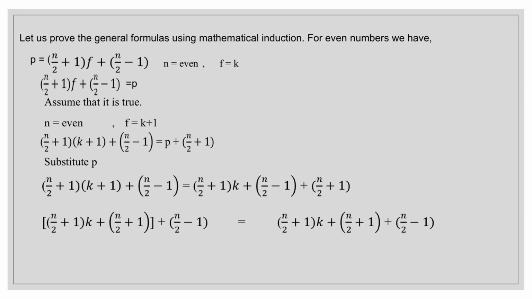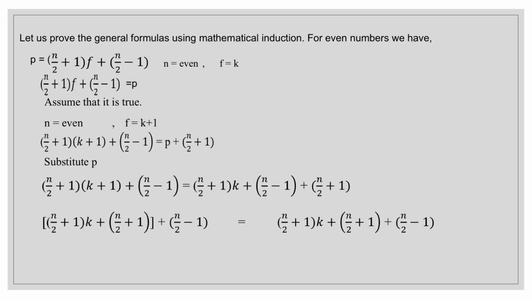So, let n is equal to even number and F is equal to K plus 1. So, we have n over 2 plus 1 multiplied by K plus 1 plus quantity n over 2 minus 1 is equal to P plus quantity n over 2 plus 1.